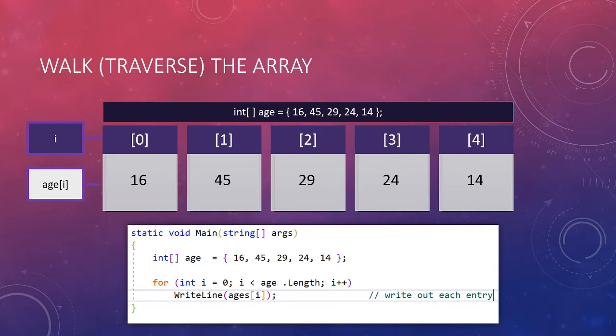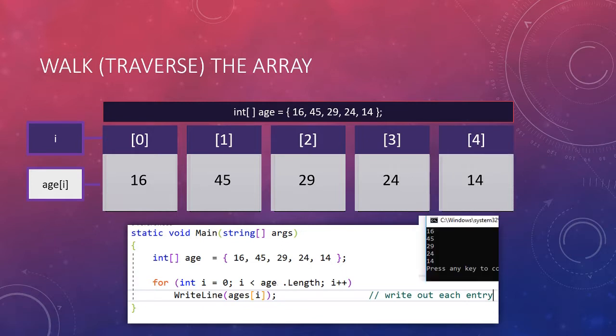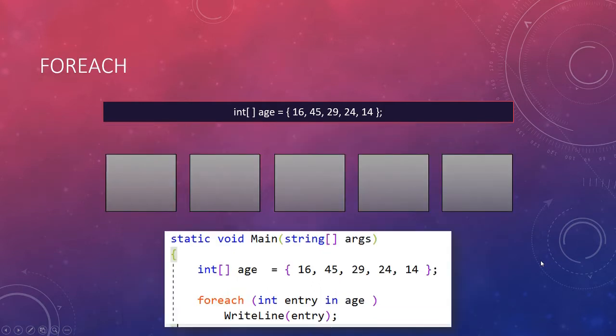Then we would update I to 2 and write out that value 29, 3, and we would write out the value 24. Finally, our last entry, position 4, we would write out the value 14. We would end up with this output where we just printed out each of the different values that we found in our array.